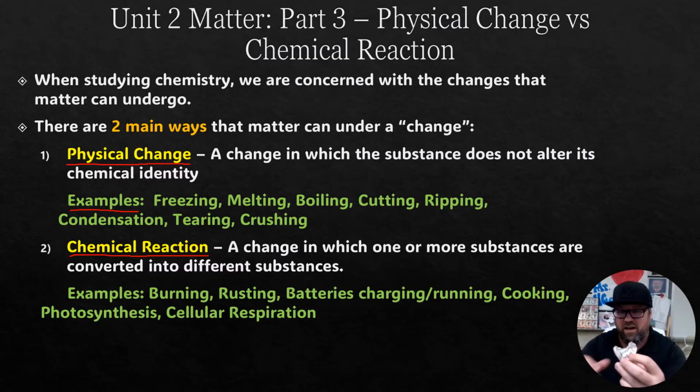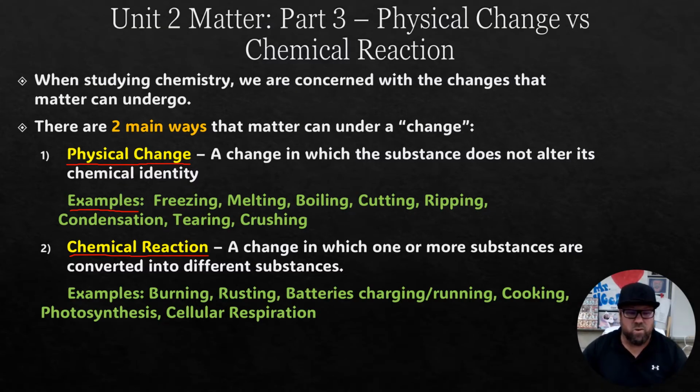Why? Because this paper, the portion that underwent combustion, is no longer paper. You can actually see one of the products. You can see that smoke coming off, that carbon dioxide, right? You can see the ash. So the edges are ashy. It's kind of all over my desk now everywhere. But that's a chemical change or a chemical reaction. Remember, we call the process of matter that burns combustion.